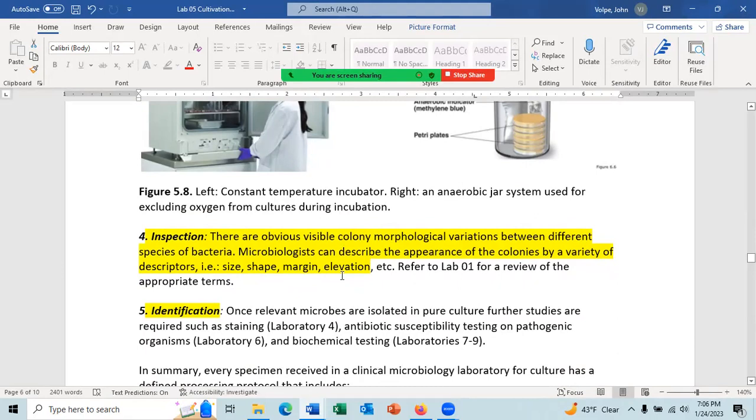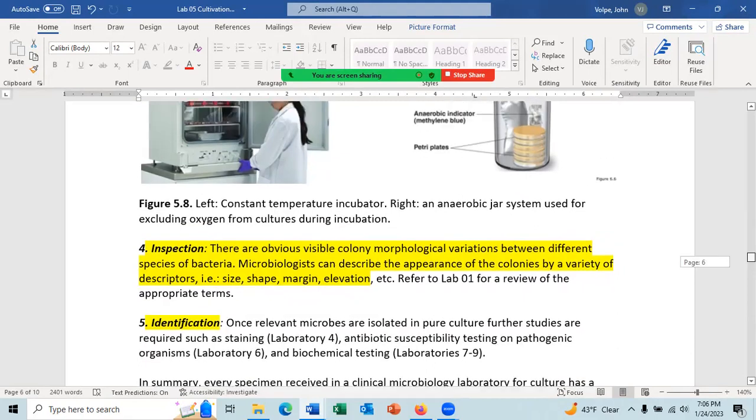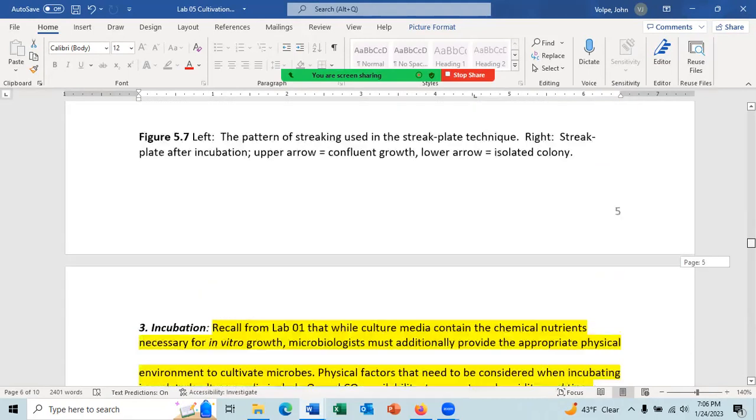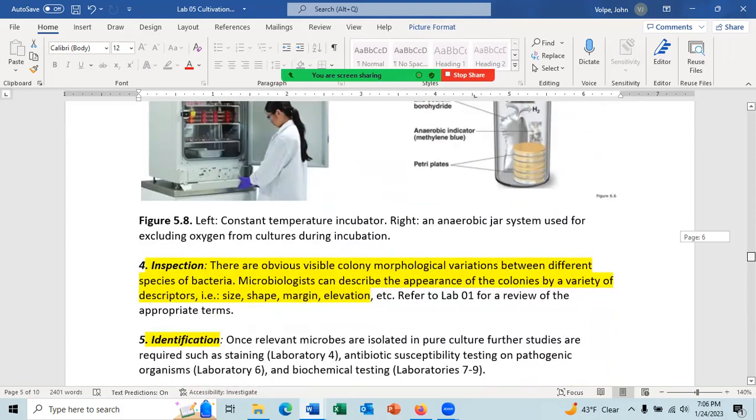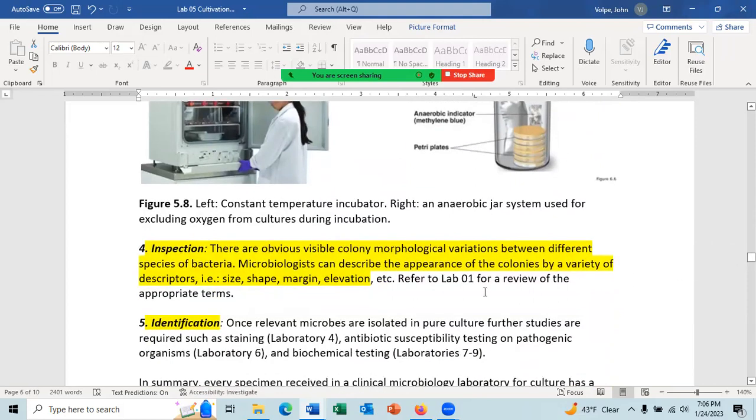You then inspect the colonies for obvious visible growth. If you have no growth, then there's something wrong with your clinical specimen, or there is something wrong in your handling of it. You can also describe the bacteria colonies by different things, like their size, shape, margin, and elevation. You can refer to Lab 1 for a review of the appropriate terms to describe a colony.